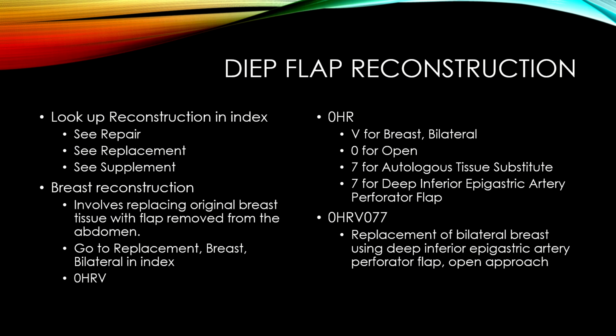When I put all of these characters together to come up with the code, we're going to get 0HRV077. This stands for replacement of bilateral breast using deep inferior epigastric artery perforator flap, open approach.